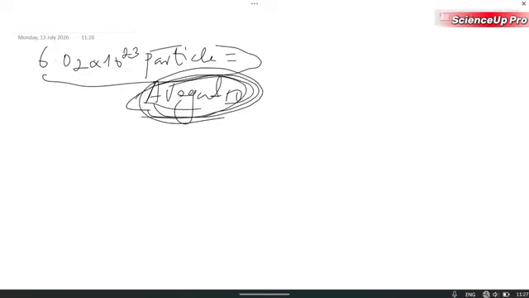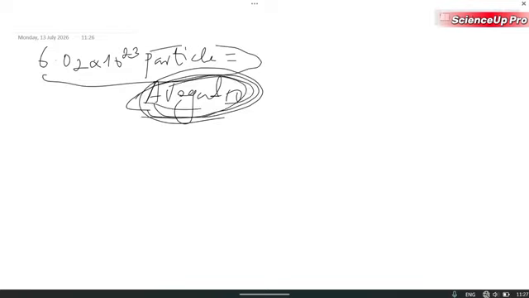So generally, I was saying that number of particles is always equal to number of moles times Avogadro's constant. From this formula, you can always get many formulas using a formula triangle. Let me use this formula triangle, and we can see how it's going to work. You divide this triangle like this.